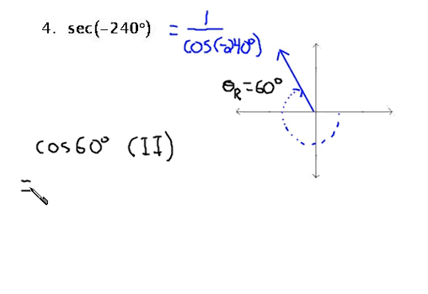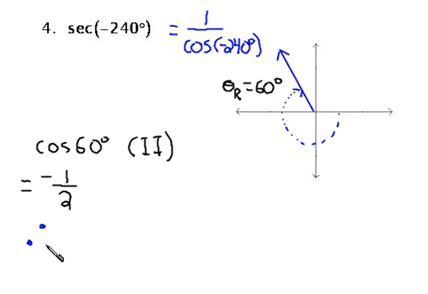And the cosine of 60 in quadrant 2, well, the cosine of 60 everywhere is just equal to 1/2. So we got a break on this one. However, because we're in quadrant 2, it's going to be negative.